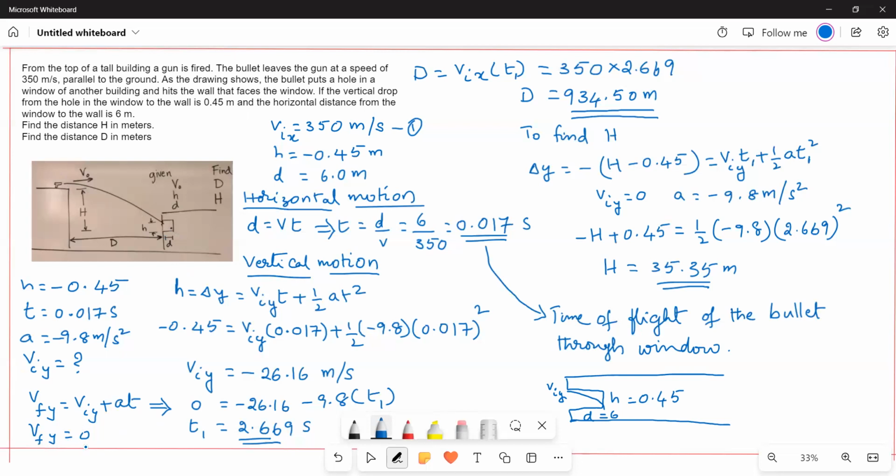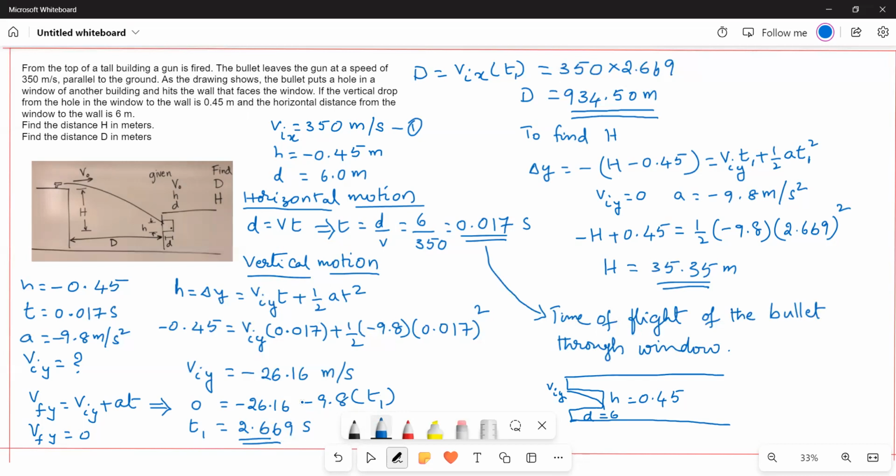Therefore Vfy is equal to 0. Therefore 0 is equal to this initial velocity we just found, and a is negative 9.8, and time t1. To avoid confusion, I am putting t1 here as the total time of flight. Therefore, t1 is equal to 2.669 seconds, the total time of flight.